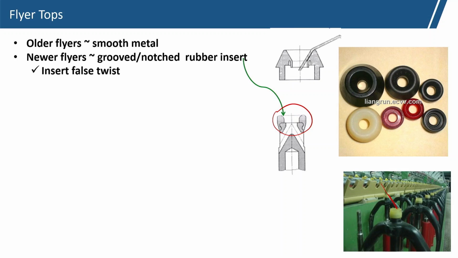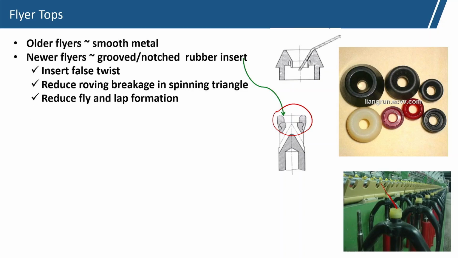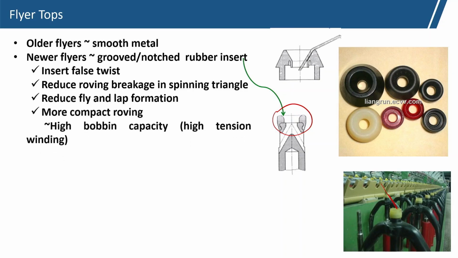Inserting false twist is a feature of the newer flat top, which reduces the roving breakage in the spinning triangle because of the higher twist level, reduces the fly and lap formation, and a more compact roving is generated with high bobbin capacity.